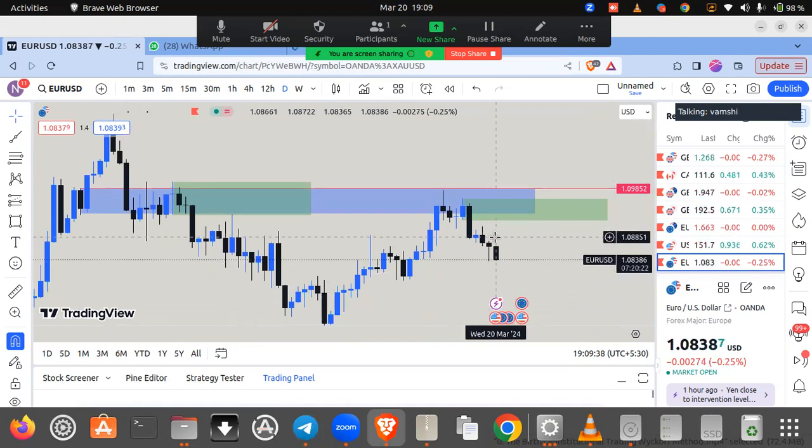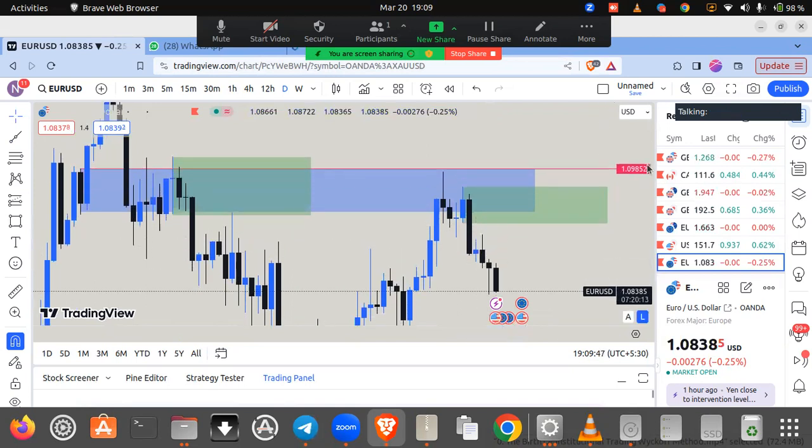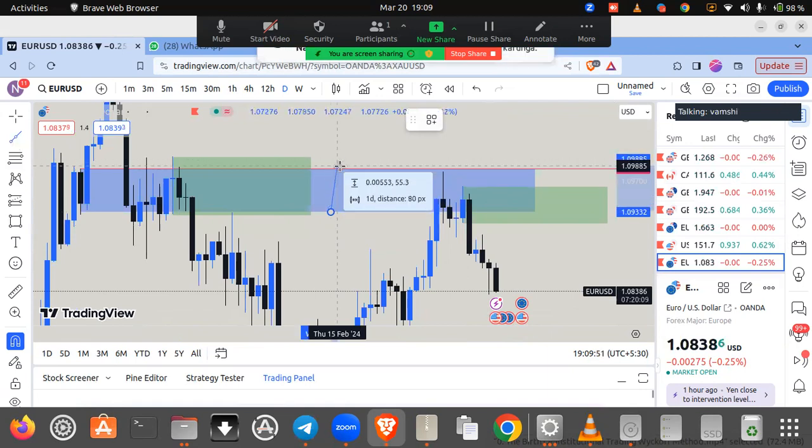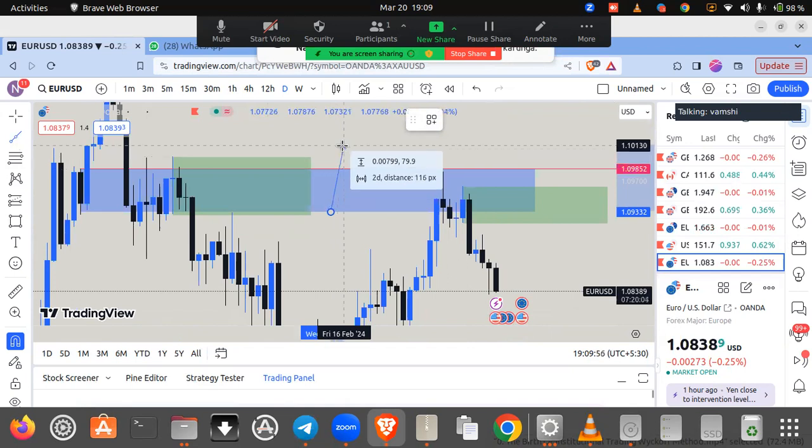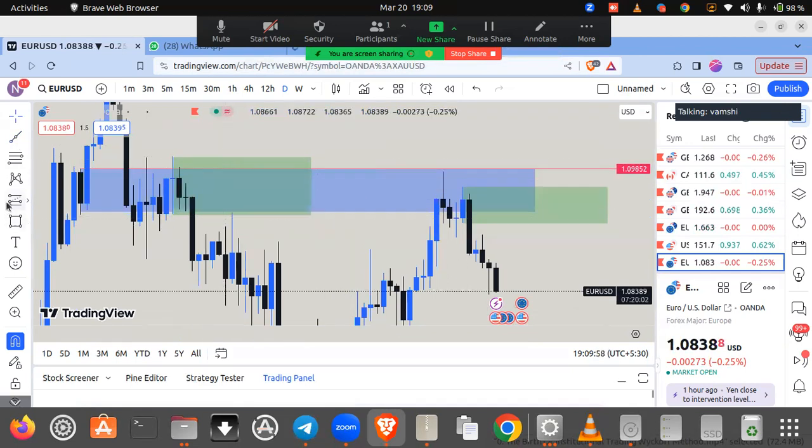But if you definitely want to take trade, you can also take trade as soon as C is formed. If you take trade here, this is on daily time frame, so your SL will be at 70 or 80 pips.